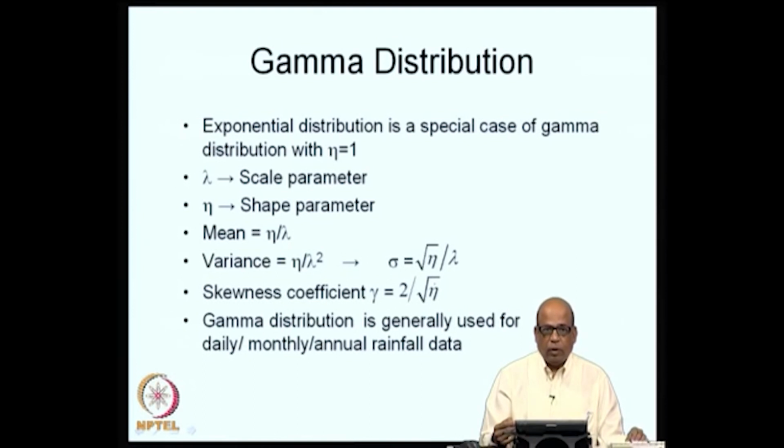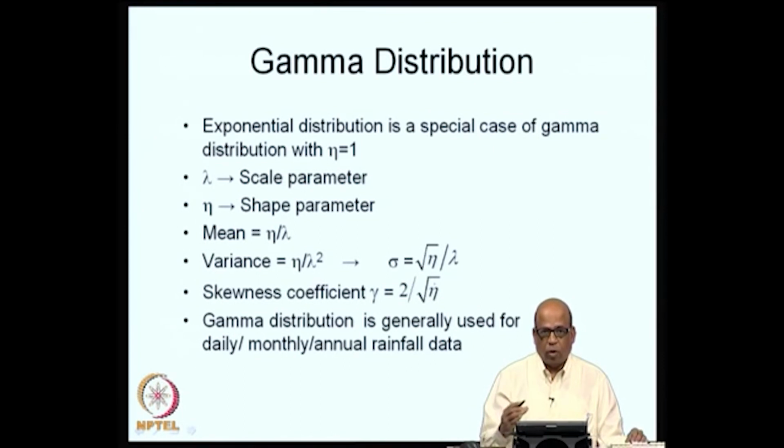Now, the gamma distribution is quite popular in hydrologic applications, mainly because it is a family of distributions. It is unlike normal or log normal, where when you change the parameters, you essentially get the same scales and same shapes.